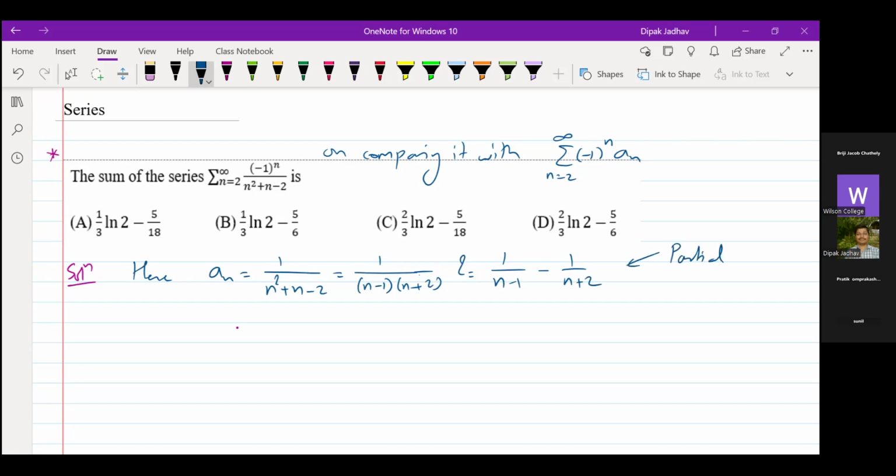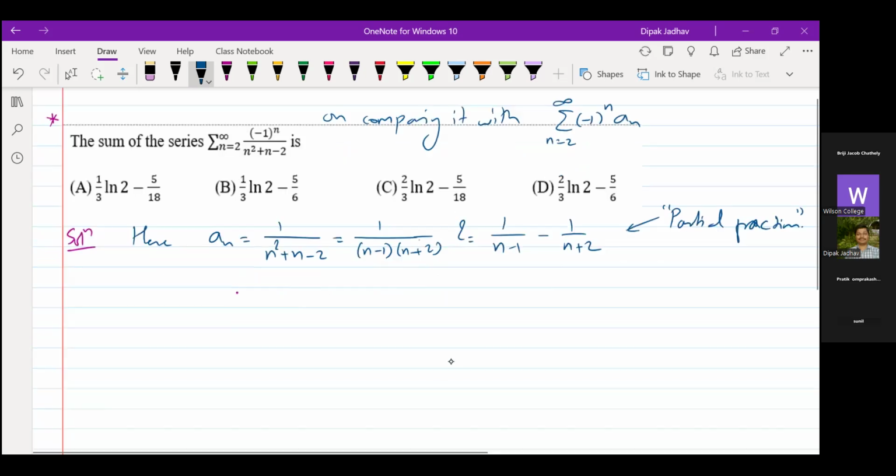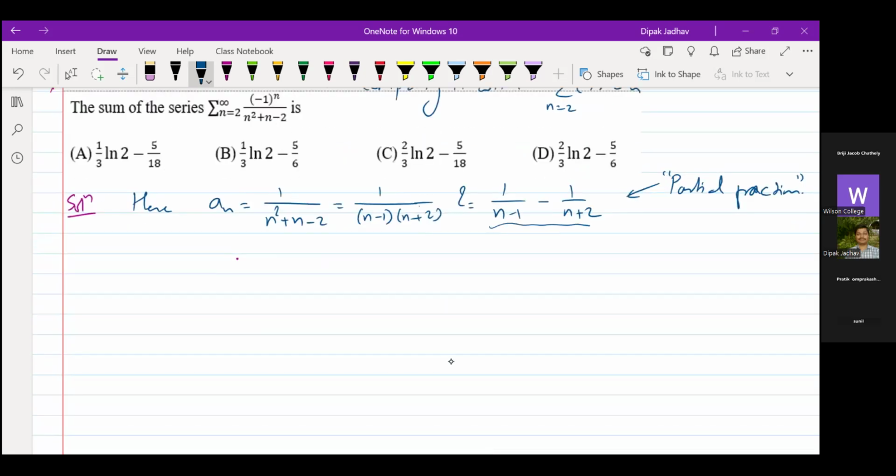It is called partial fraction. So is it possible to write so? Let us simplify on the right hand side. Let us see what is the sum. It will be equal to n plus 2 minus n plus 1 upon n minus 1 into n plus 2. So n gets cancelled. You have 3 upon these two brackets.